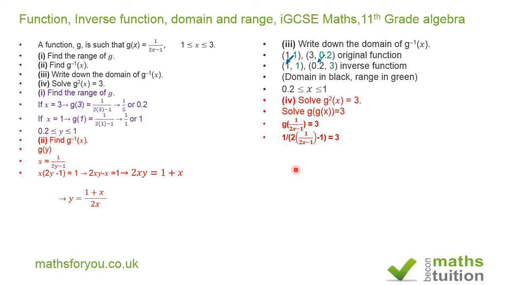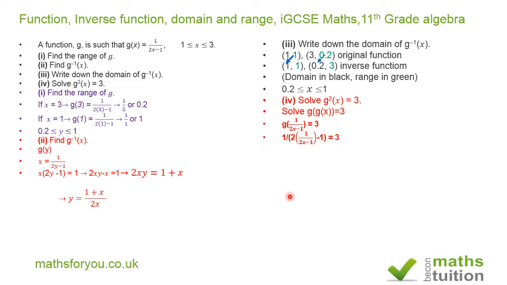So now we end up with 1 divided by 2. Okay, now this 2 is this 2 there. And the x there is 1 here. And our minus 1 here is this minus 1 there.